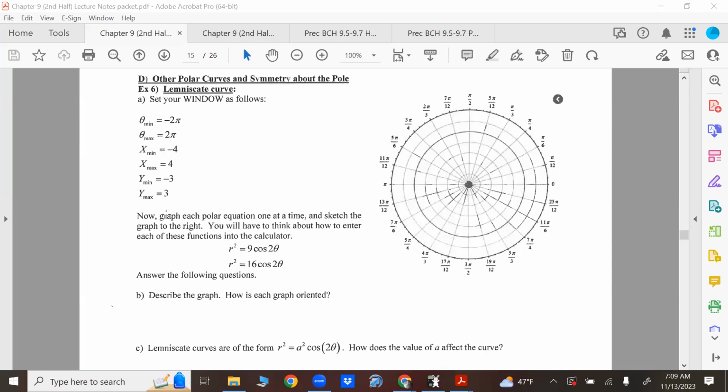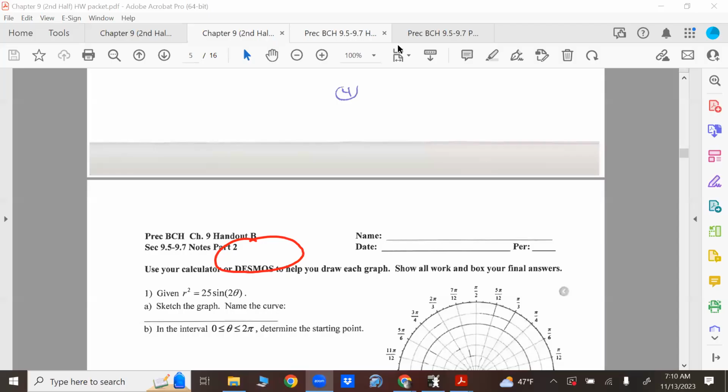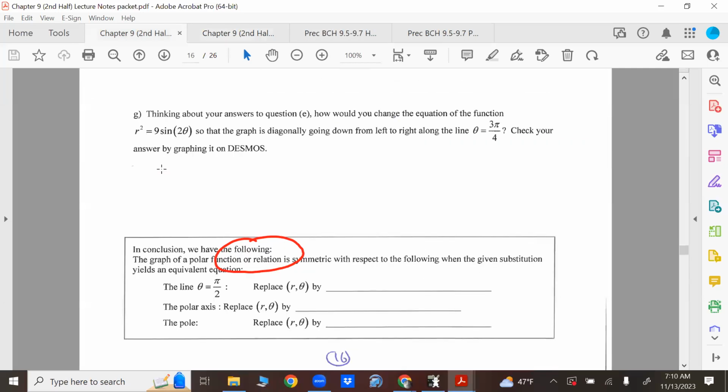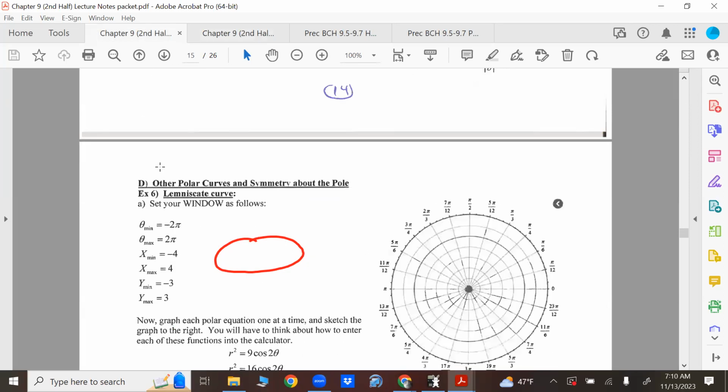So here we have something called a lemniscate. So we're going to set our window to the following, and then we're going to generate these graphs right here and describe them. Give me one sec. Okay, so let's take a look at the lemniscate.